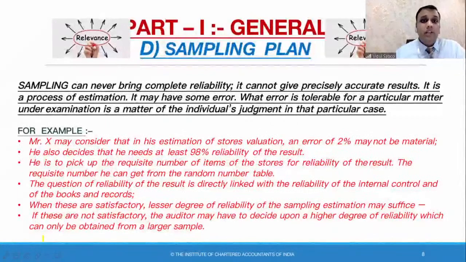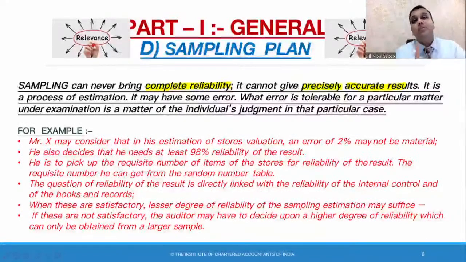Further, sampling can never bring complete reliability, obviously. We've read that even 100% checking cannot give us the desired confidence. How can sampling be completely reliable? It cannot give precisely accurate results.